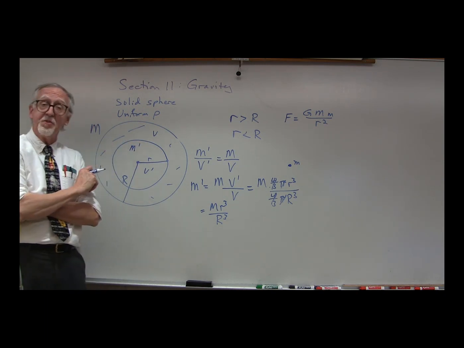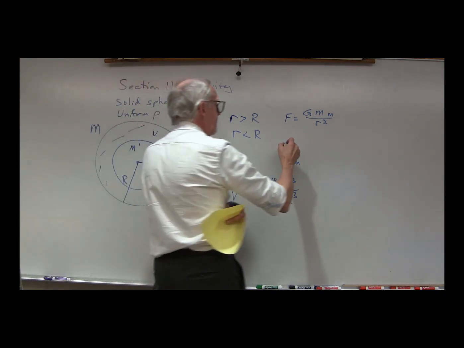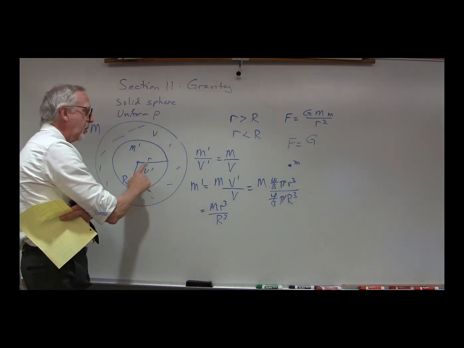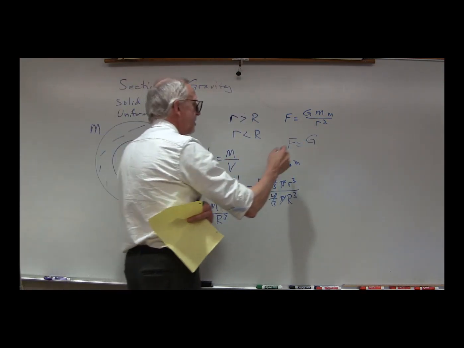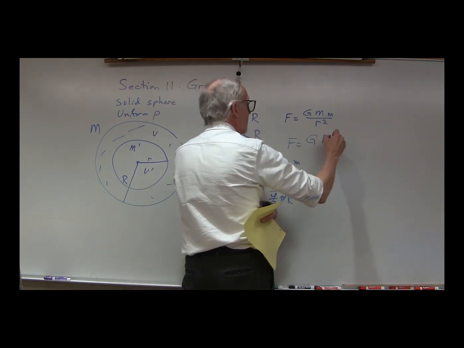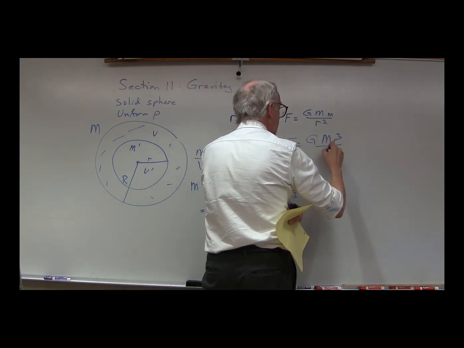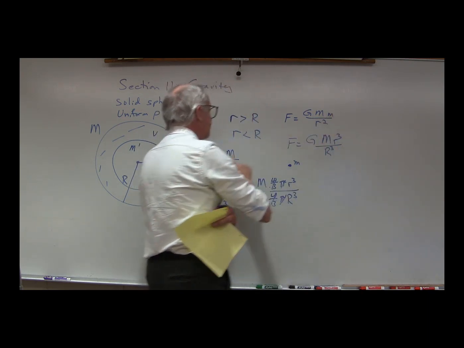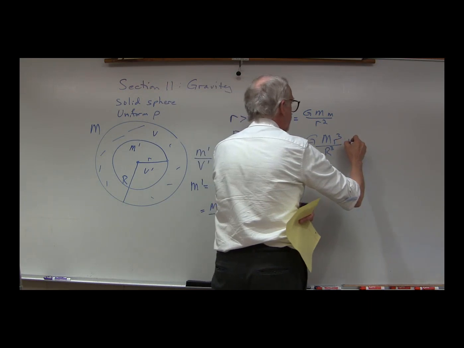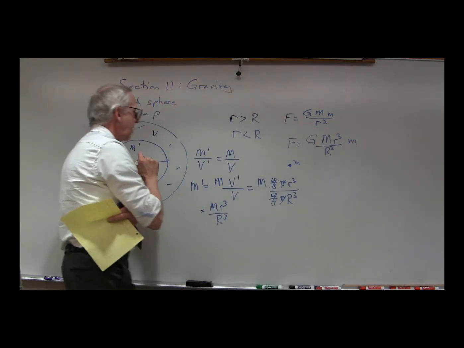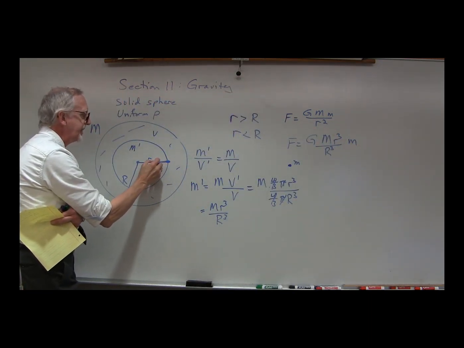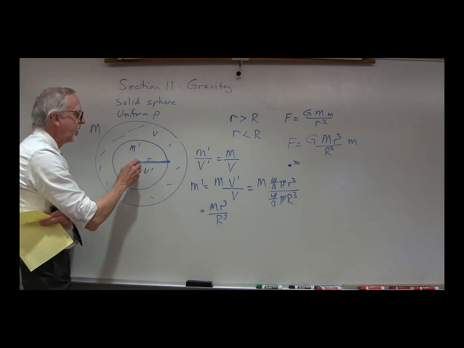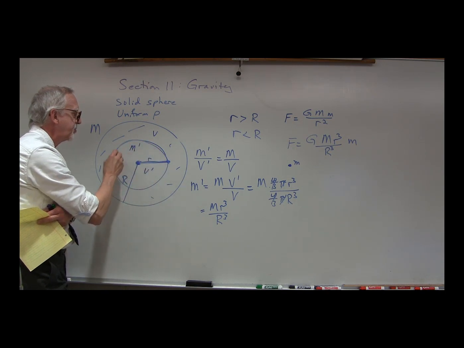So the force of attraction then is going to be equal to G times the mass, but now we want m prime, which is capital M little r cubed over capital R cubed, times the mass of our object, little m, and then divided by little r squared, because we are still at a distance of little r from the center of this smaller sphere.